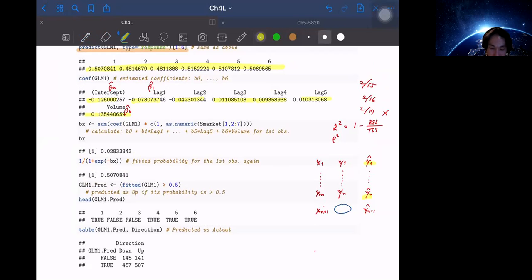So it's not really that we are predicting the future. We are checking our model performance for the past data. But at least we have already estimated the model. So if we observe a new predictor xn plus 1, then we can predict yn plus 1 hat. So that is what I wanted to say.